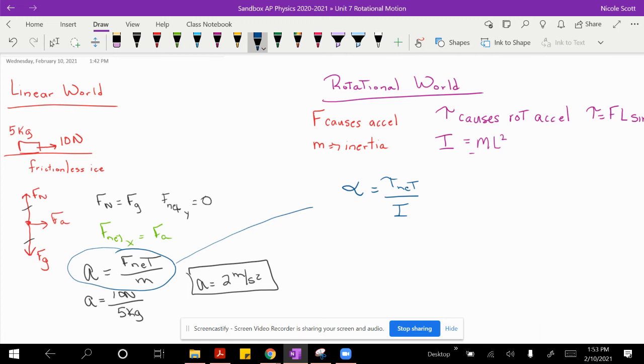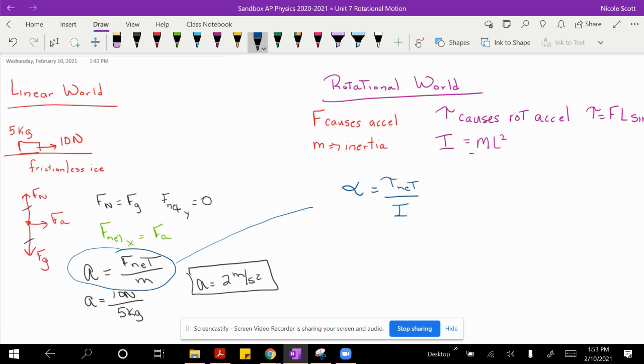Now, what's going to happen in our next module, we're going to talk about kinematics in this rotational world. And here's one of the big things. What happens in the linear world is pretty darn similar to what we're now going to learn happens in the rotational world. Those same kinematics equations that we used in September, we're going to be able to use here in rotation in February and March.